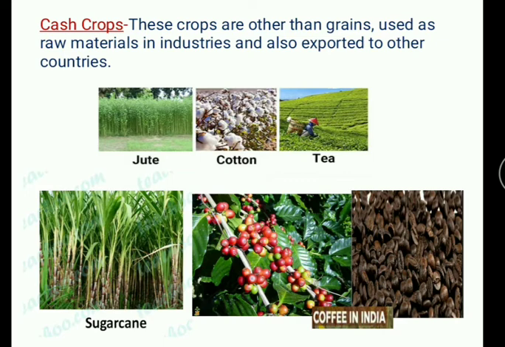Sugarcane producing states are Uttar Pradesh, Bihar, Haryana, Punjab, Maharashtra, Karnataka and Tamil Nadu. From sugarcane we can get sugar and jaggery also. Then I'll move on to jute.